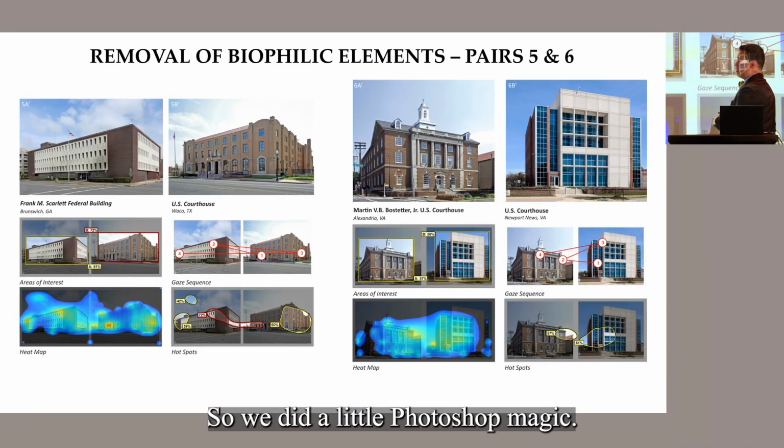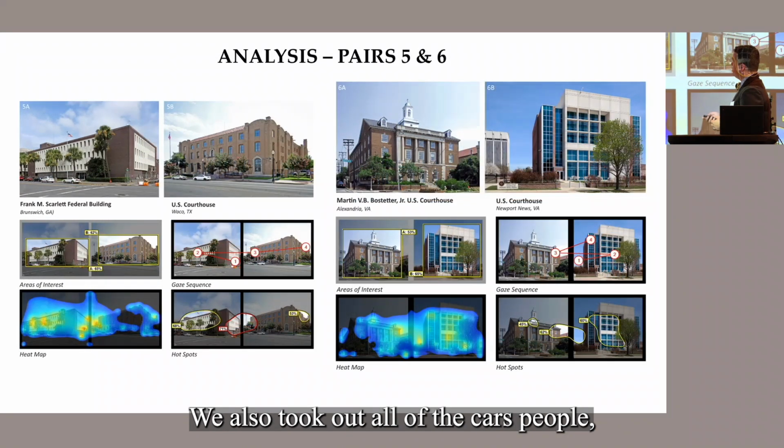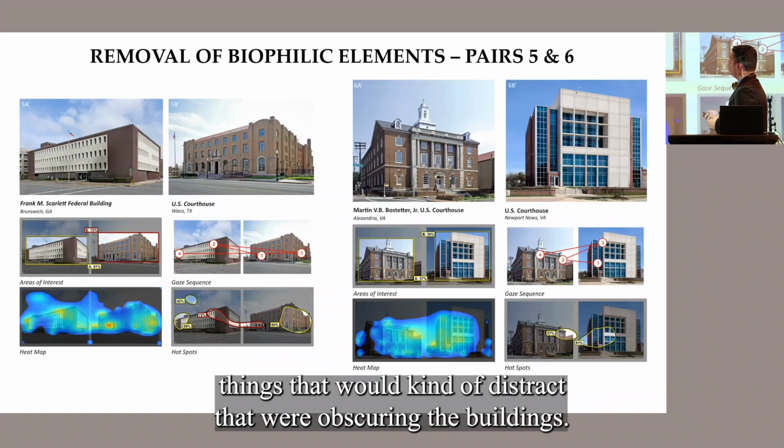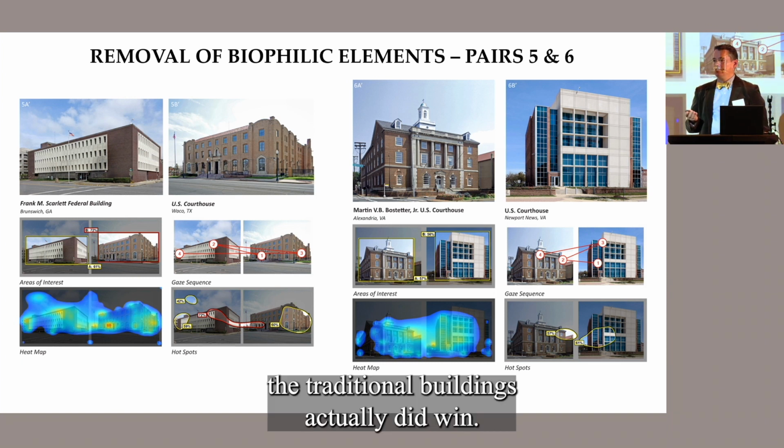So we did a little Photoshop magic. We took out all of the vegetation. We also took out all of the cars, people, things that would kind of distract, that were obscuring the buildings. And what we found was that after doing this, the traditional buildings actually did win.